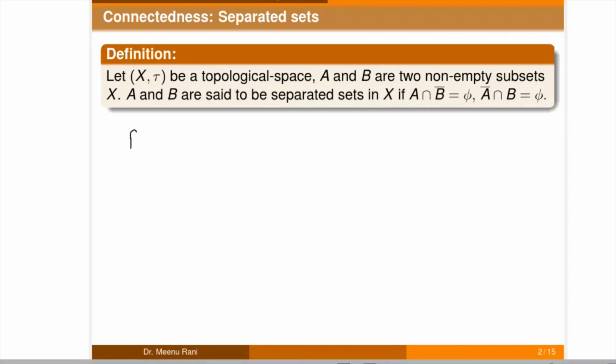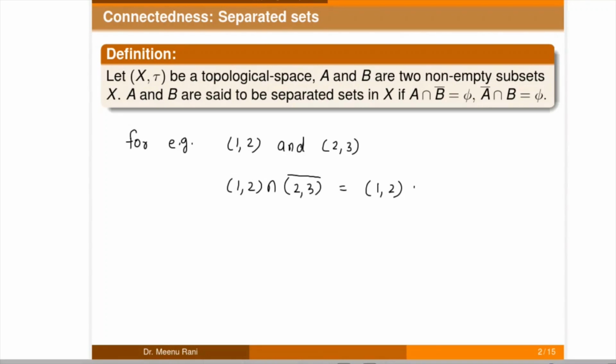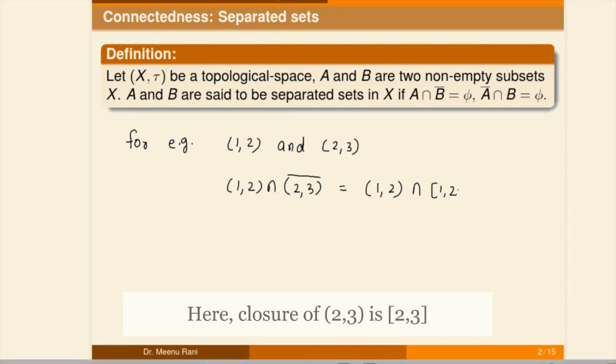So for example, if we take two open intervals (1, 2) and (2, 3), these are separated sets because if we take (1, 2) intersection with the closure of (2, 3), its closure is the closed interval [2, 3], then it is empty.